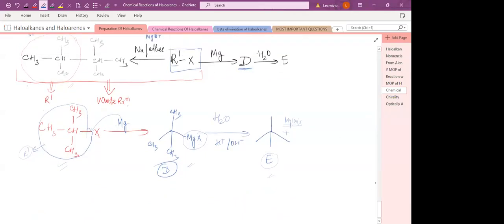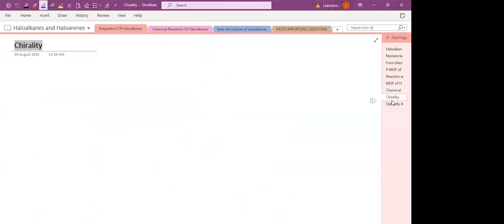Okay, next, write the next topic: chirality. What is a chiral molecule, a chiral carbon, and what is chirality? We will discuss that. What is chirality, and what is a chiral molecule or chiral carbon? See, in chemistry, chirality refers to the property of a molecule that is non-superimposable on its mirror image.